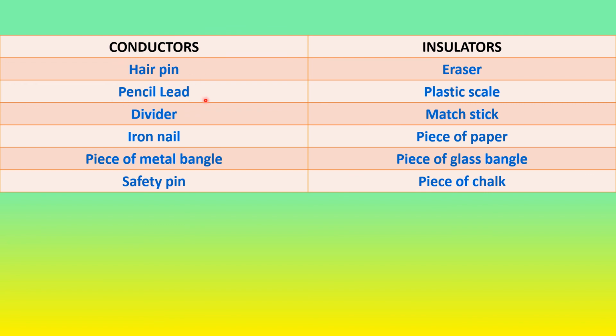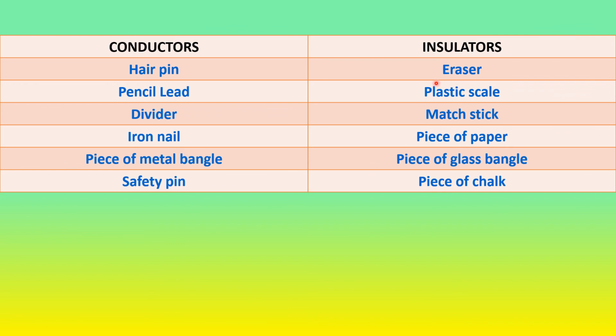Here are the conductors: hairpin, pencil lead, divider, iron nail, piece of metal bangle, safety pin. These are the conductors. When these materials are connected between A and B in the above circuit, the bulb has glowed. And these materials here are insulators. These substances do not allow electric current to pass through them.